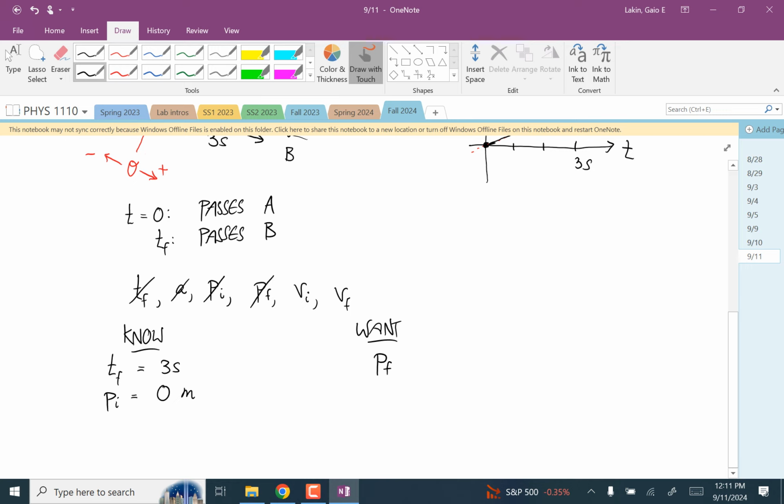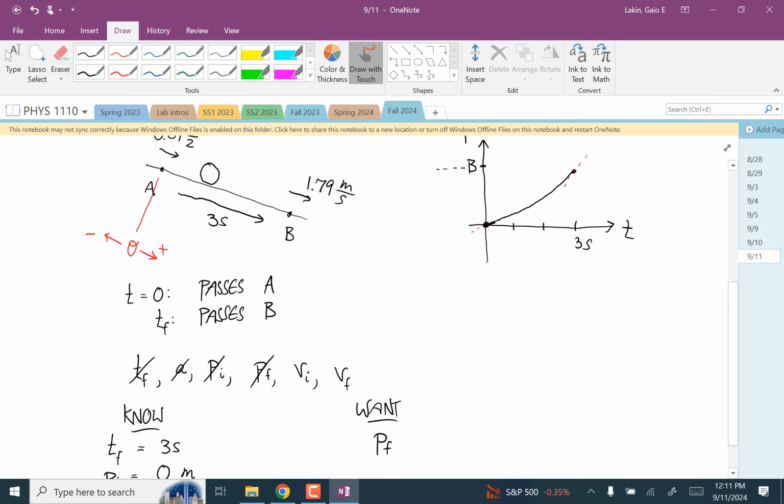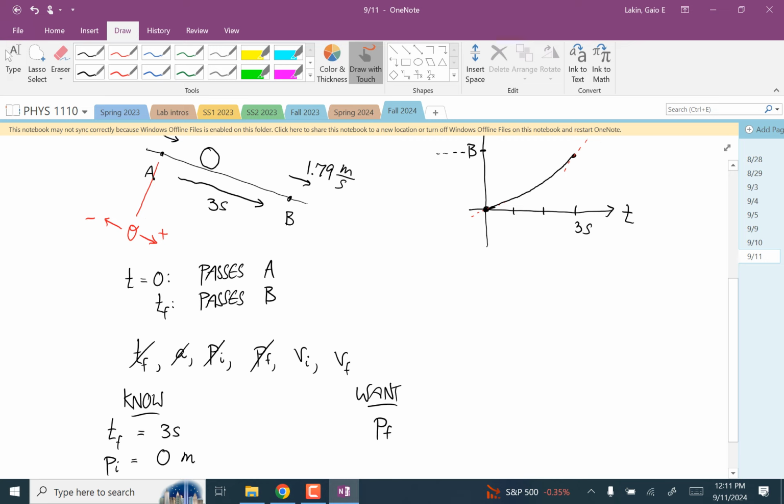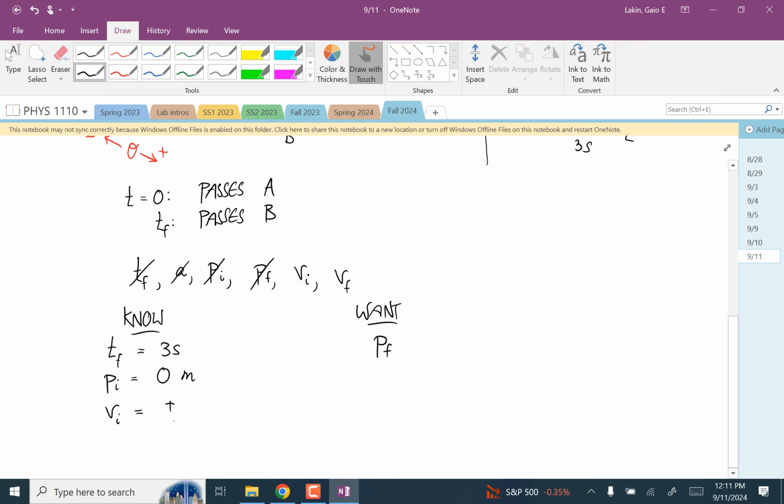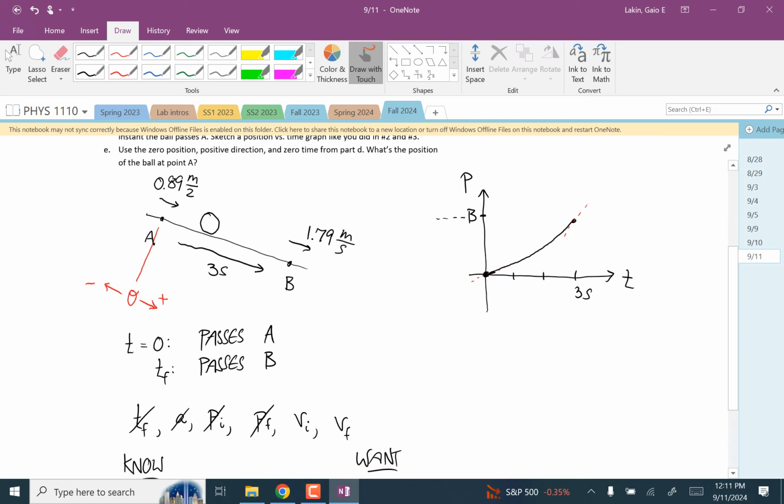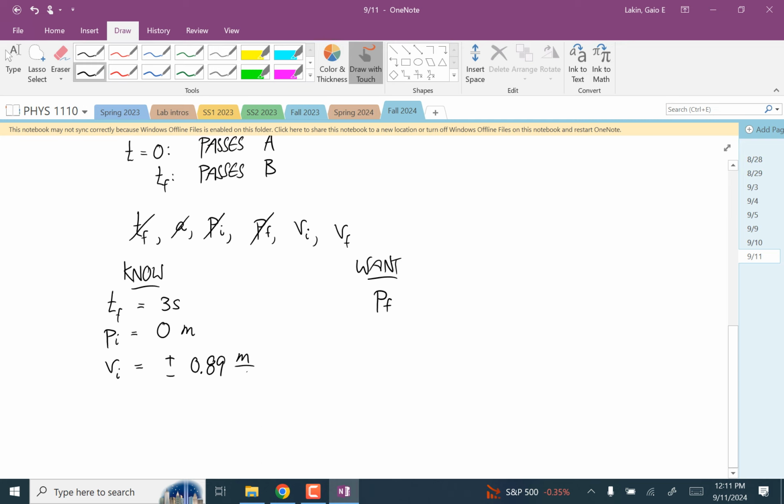Do we know what the velocity is when the ball passes A? We do. We're given the speed, so now we have to, on our own, combine that with the direction. So we know that the absolute value is equal to 0.89 meters per second, but now we have to think about the sign.